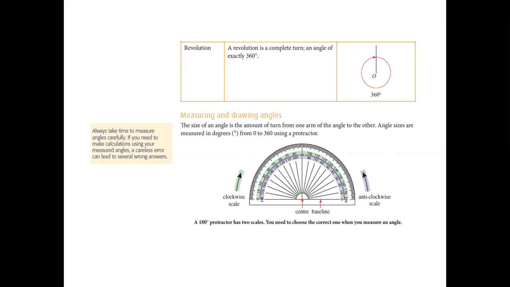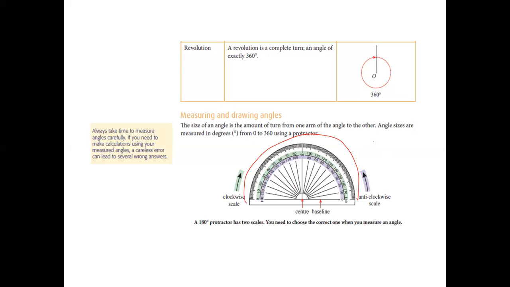Using the protractor. What is the protractor? This one is a protractor. Check your dictionary in your language. What does it mean? And don't forget, the size of an angle is the amount of turn from one arm of the angle to the other arm. As you see, if you want to go clockwise to the right side, you can scale it.